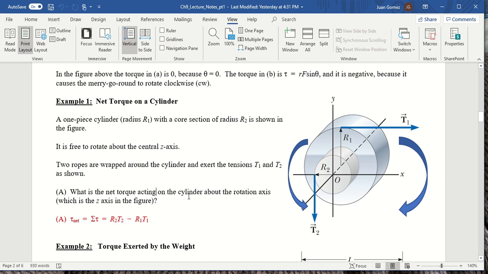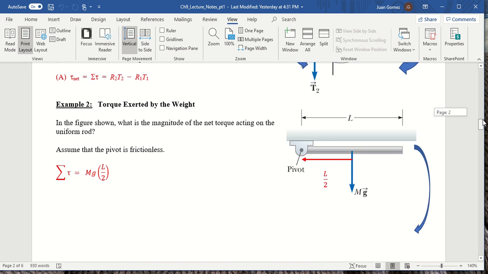Now, the weight of an object can also exert a torque. And how so? Well, let's look at this example. So suppose we have a uniform rod, meaning again the mass is distributed uniformly, so we know that the center of mass of the rod is actually at its geometrical center.